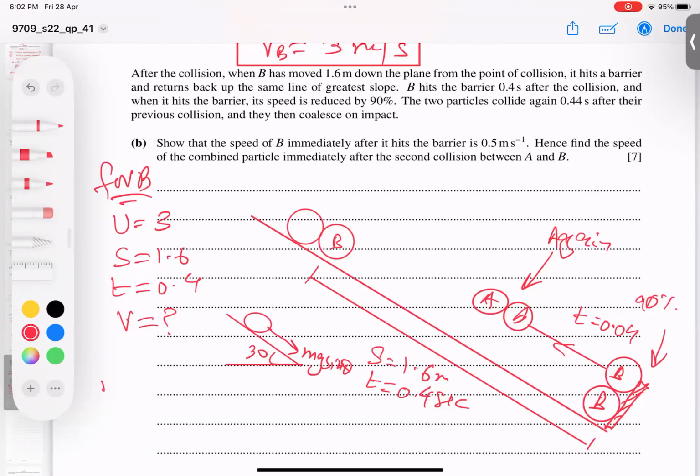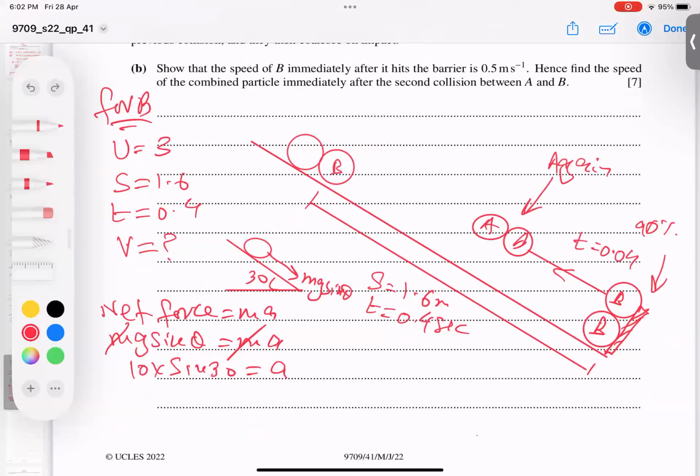According to the criteria, net force equals ma, so mg sin theta equals ma. The mass cancels out, gravity is 10, and sin 30 is half, so 10 times a half is 5. So 5 meters per second squared is the acceleration. Since the mass cancels, whether the mass is smaller or bigger, A or B, the acceleration remains the same coming downwards.